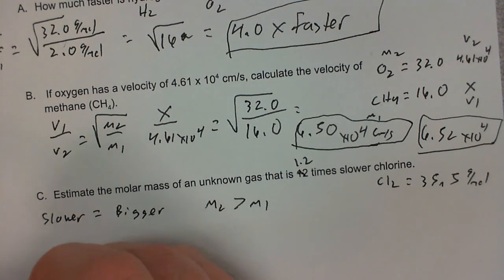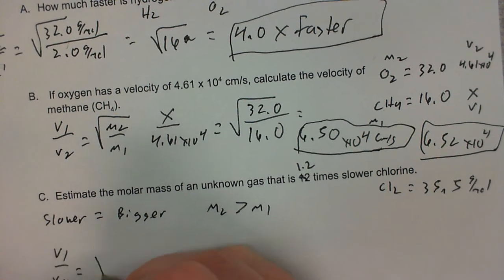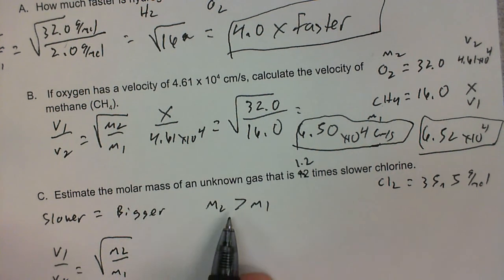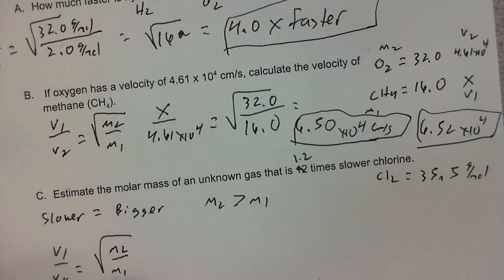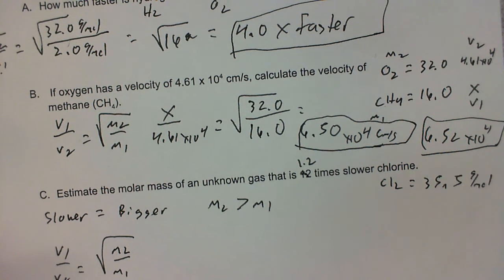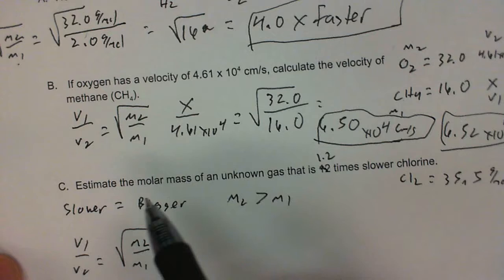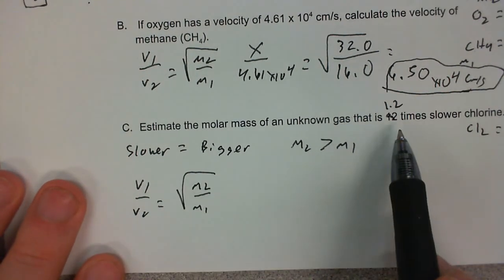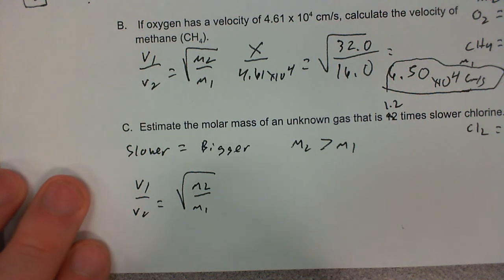So my equation is velocity 1 over velocity 2 equals the square root of mass 2 over mass 1. My mass 1 is going to be 35.5. My mass 2 is going to be unknown. Velocity 1 over velocity 2, we actually know this already. It's 1.2 because it's 1.2 times slower.